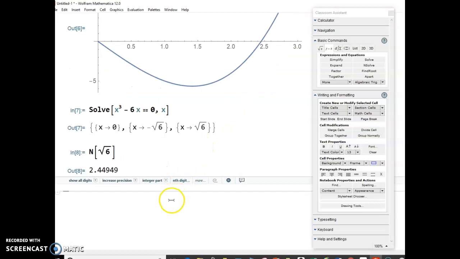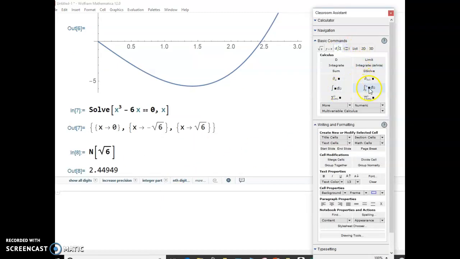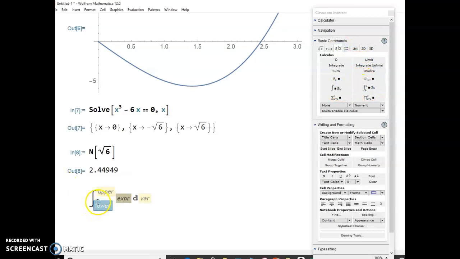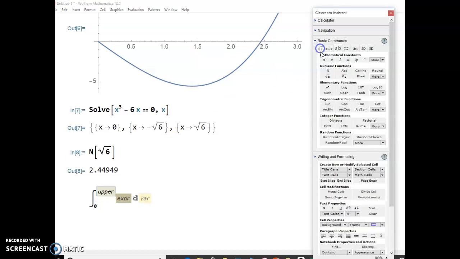So what I could do here too is I could say, okay Mathematica, what is the integral from a lower bound of 0 to an upper bound of radical 6, or that value that we just found, which was radical 6. Oops, that's not what I want either. Sorry, I want this equation up here.